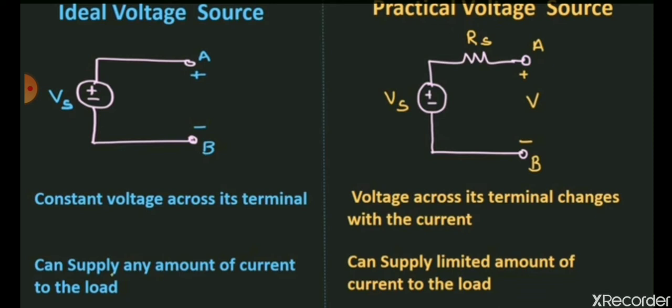Second, in an ideal source there is constant voltage across its terminal, but in a practical source the voltage across its terminal changes with the current. An ideal voltage source can supply any amount of current to the load, but a practical voltage source can supply a limited amount of current to the load.